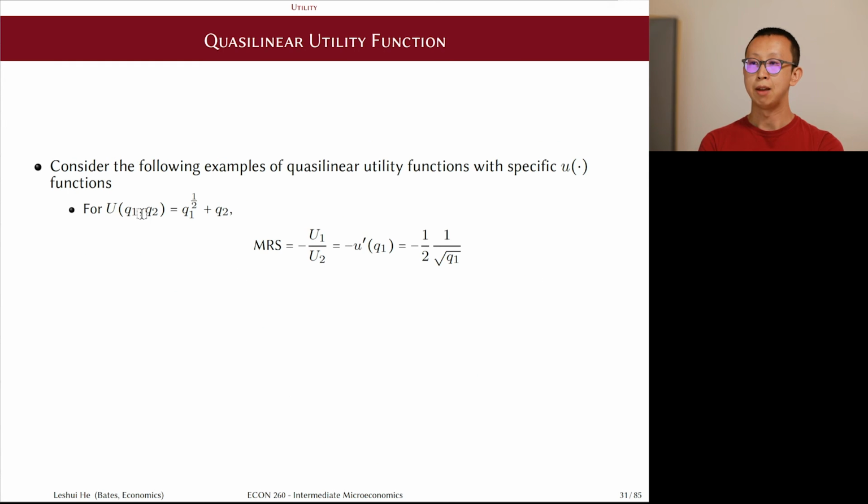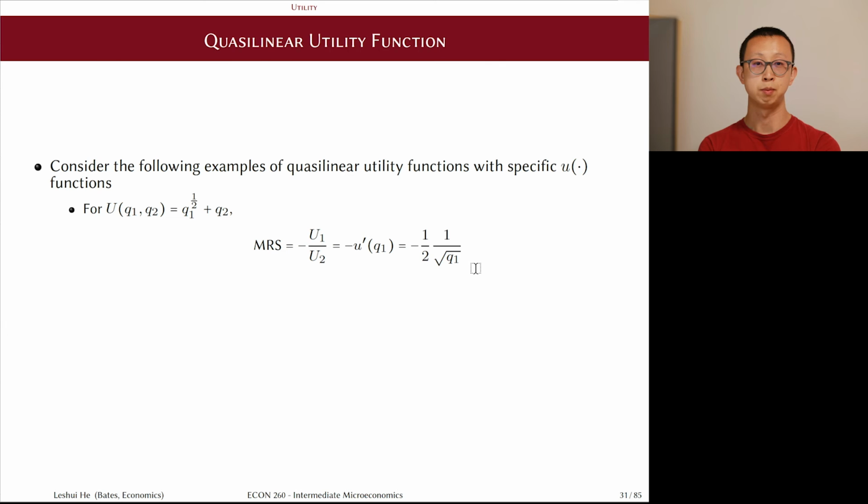Let's say we have a quasi-linear utility function where little u here is just raising q1 to the power of 1/2. In other words, we're just taking the square root of q1. Then the marginal utility of good 1, or little u prime here, is simply 1/2 times q1 raised to the power of minus 1/2.